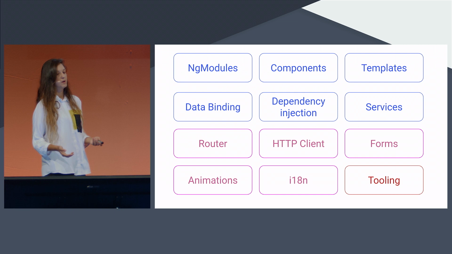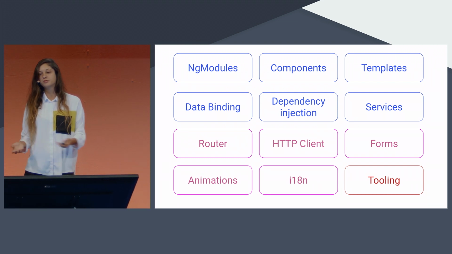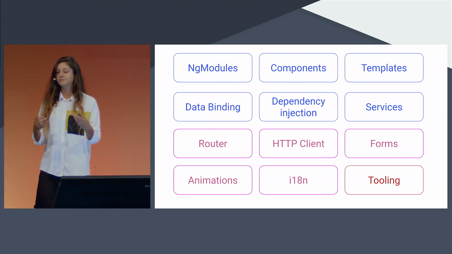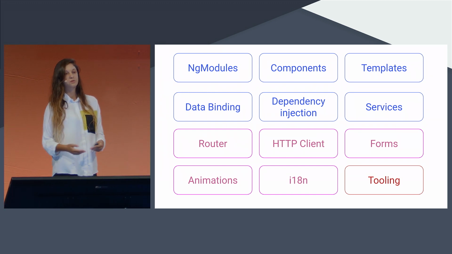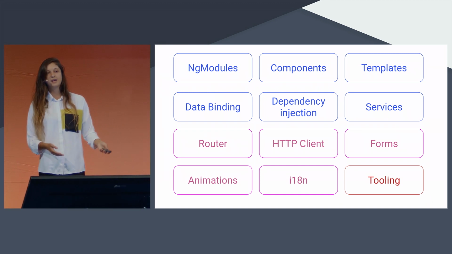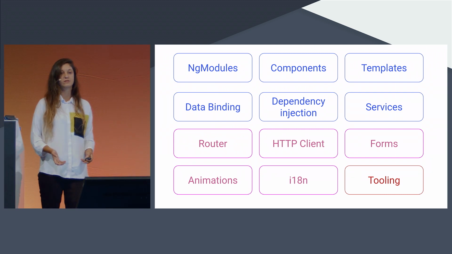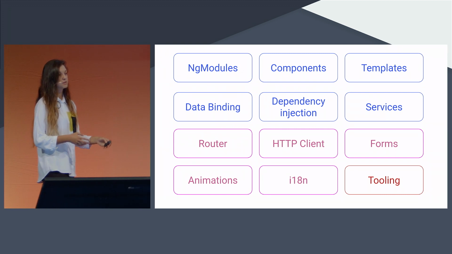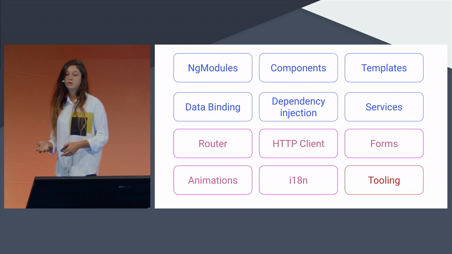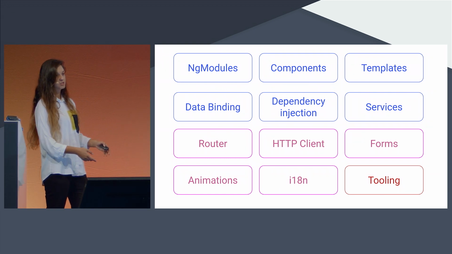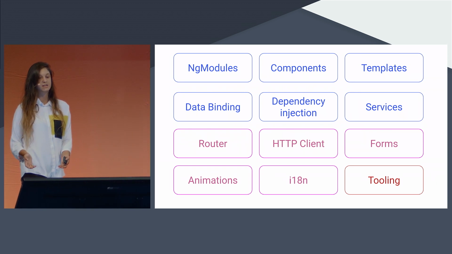And from Angular, we can use almost all of the available features. So we can clearly use NgModules, components, templates, data binding, dependency injection, and services. We do have NativeScript-specific NgModules for the router, the HTTP client, the forms, the animations, and also for internationalization.